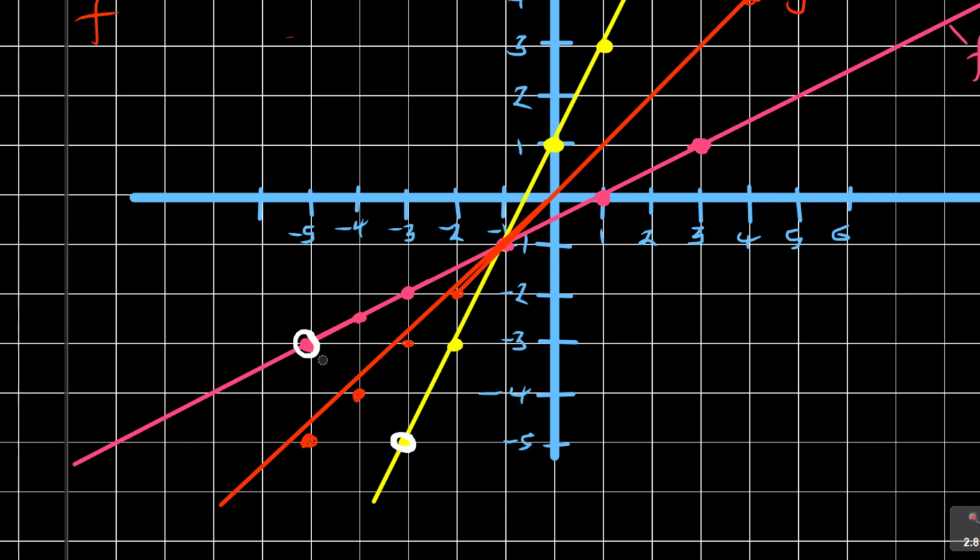Take note of these points. Oh, my line here actually was not straight off this one. It went off. I thought it was straight here.